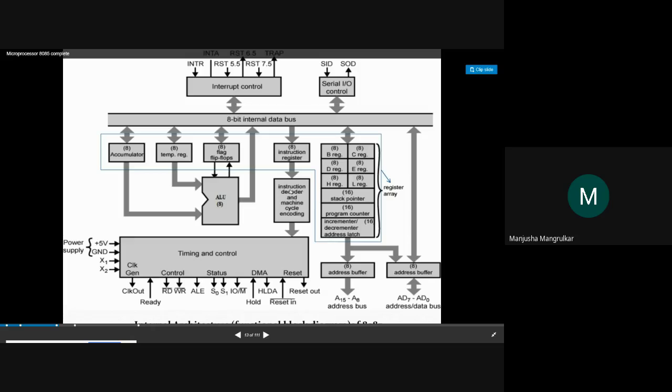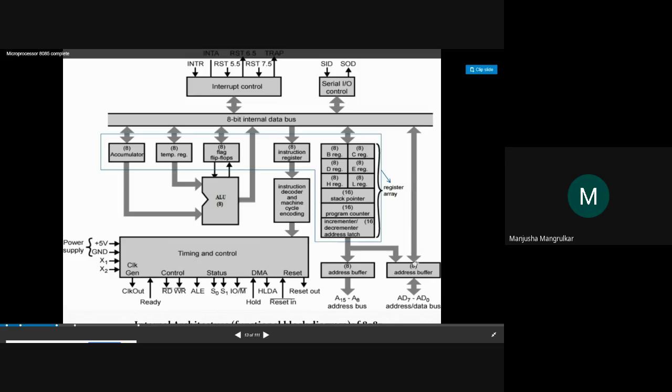The instruction register decodes what to do, and as it decodes, it gives to the timing and control, right? This timing and control performs the task with the accumulator and temporary register. It gives the status flags, and again it transfers the data, whether to memory, output, or input.